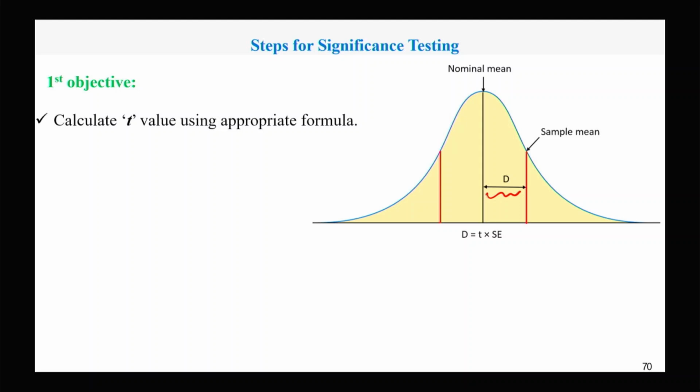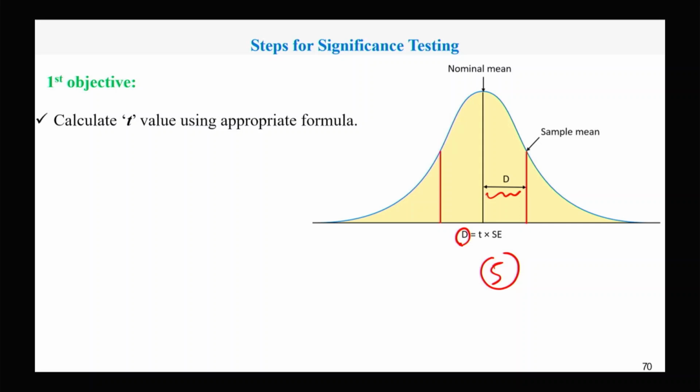So someone should tell me what the point is. If this D value we are getting is say 5, is this 5 error okay or not? That is not clear. So for that we need some reference value.